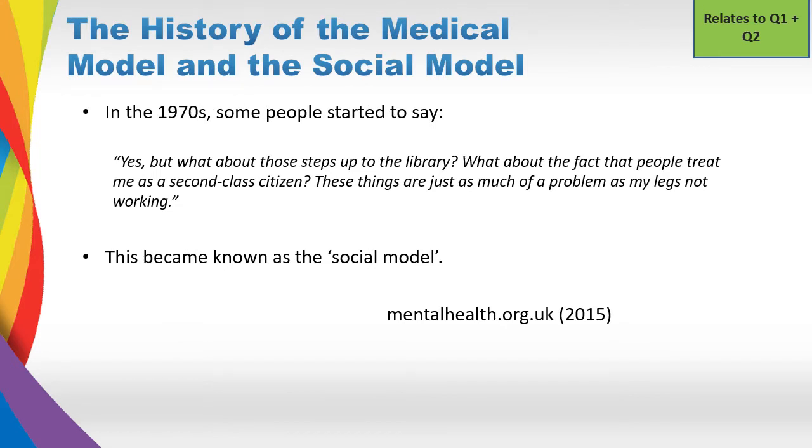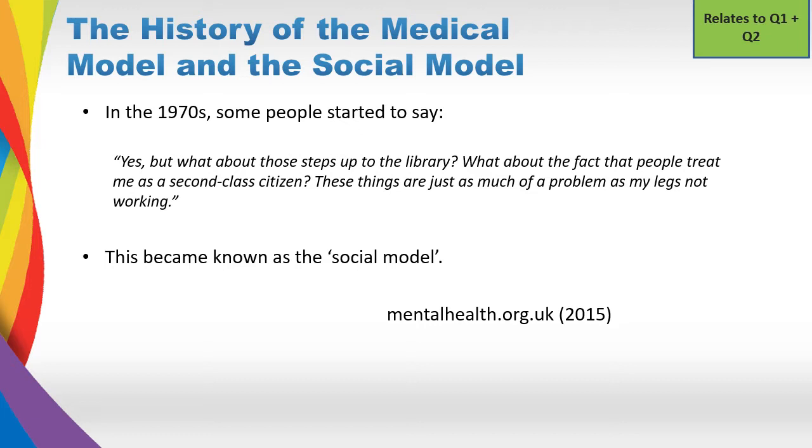So a bit of history on the medical model and the social model. In the 1970s, people started to say, well, yeah, but what about those steps to the library? What about the fact that people treat me as a second-class citizen? These things are just as much of a problem as my legs not working.